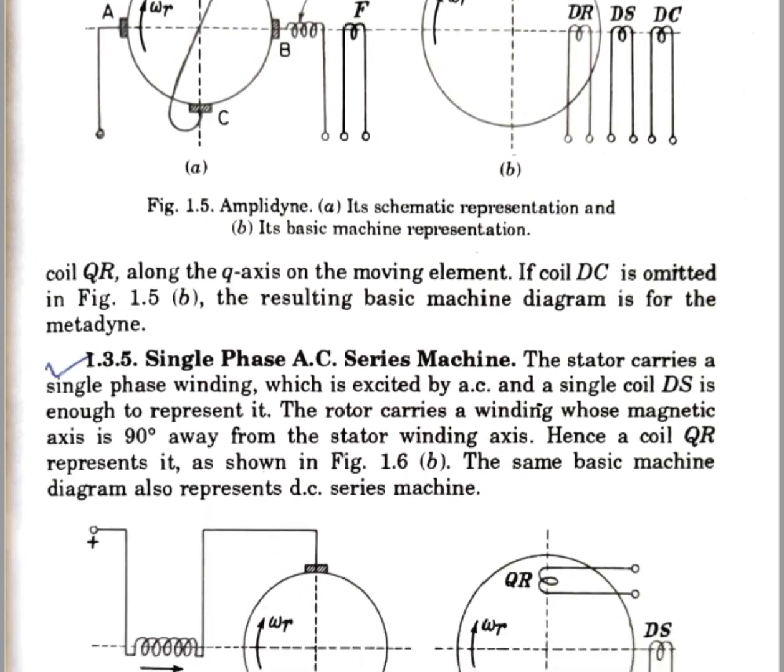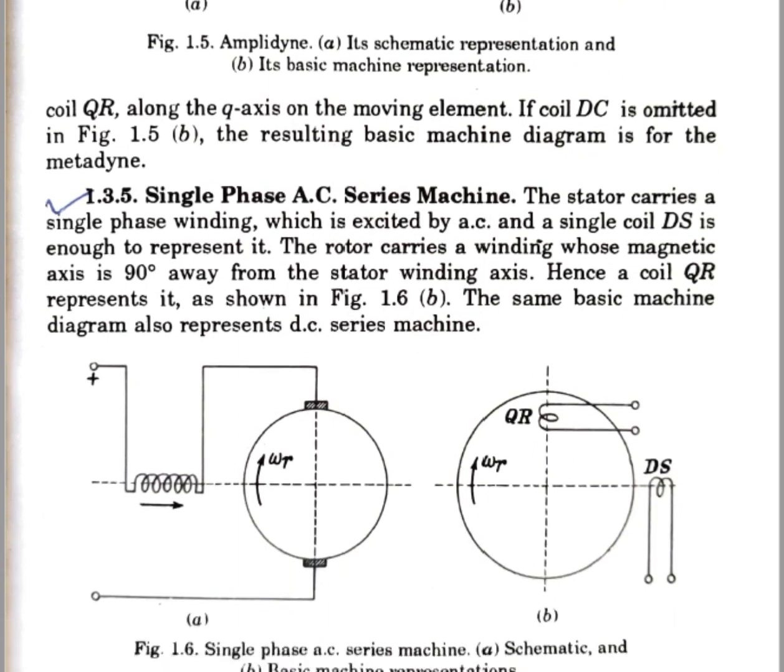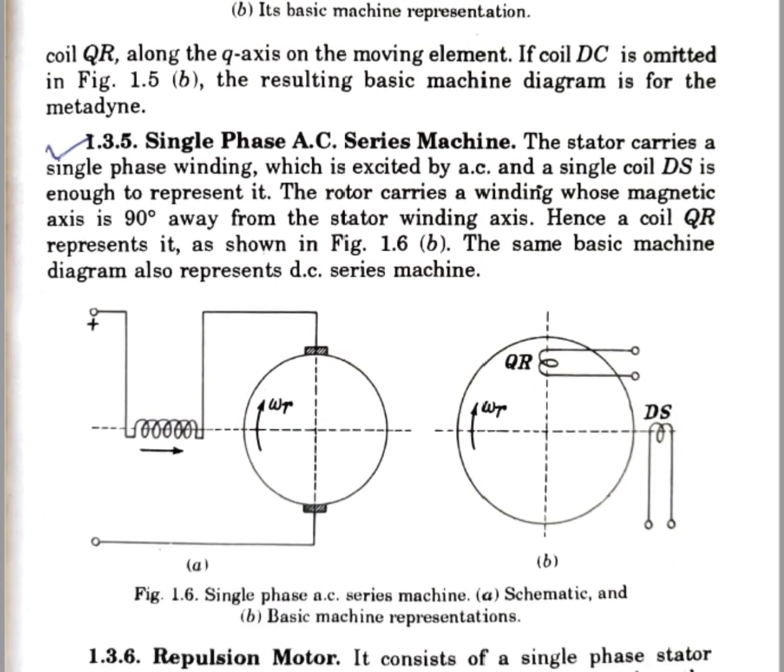Next, we have talked about a single phase AC series machine. A single phase AC series machine has a field winding here, that is DS, which is providing the MMF across the D axis, and a pair of brushes along the Q axis, so we have QR here.